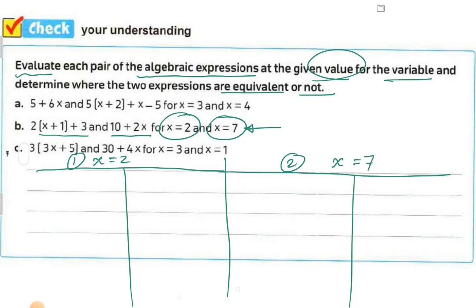Okay, the first expression is 2(x + 1) + 3.